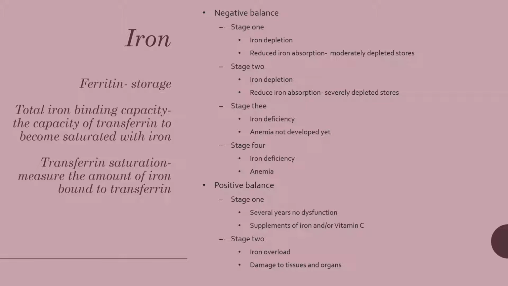So it's almost like there are empty little storage carts that are just waiting to grab any iron that might become available. Likewise, transferrin is another major carrier of iron within the body, and it will also become high in deficiency. But in terms of their sensitivity, ferritin is our best lab value, followed by the total iron binding capacity, and transferrin would be our 3rd best measure.